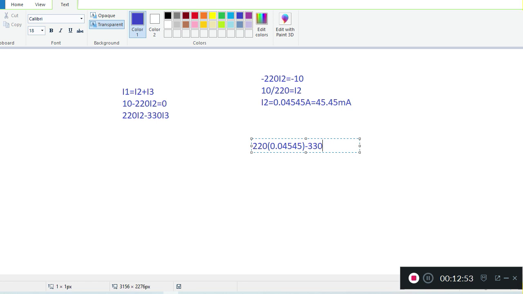Let me make the I positive. It's supposed to be equal to 0. I didn't bring the equals to 0 over here. I am sorry, but please be reminded that it's supposed to be equal to 0 over here.